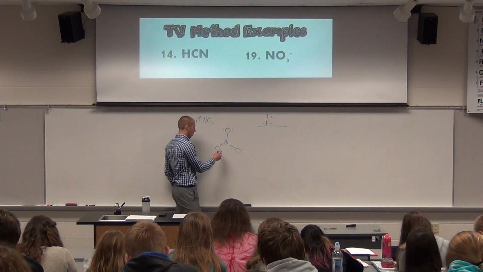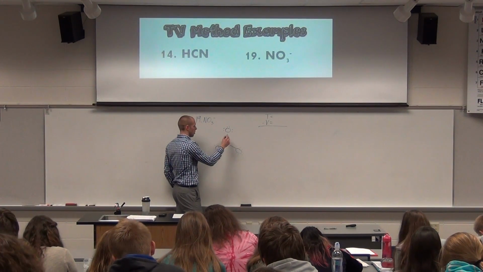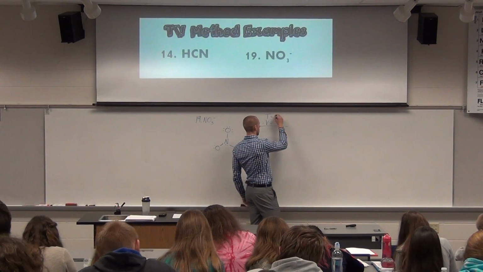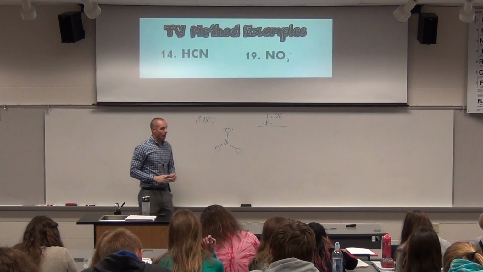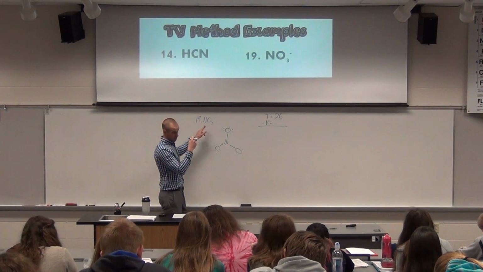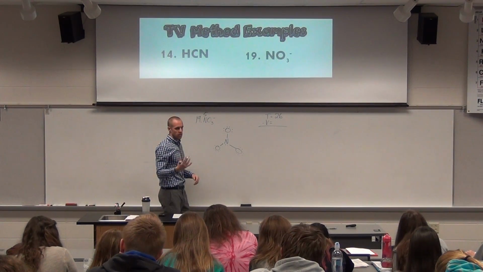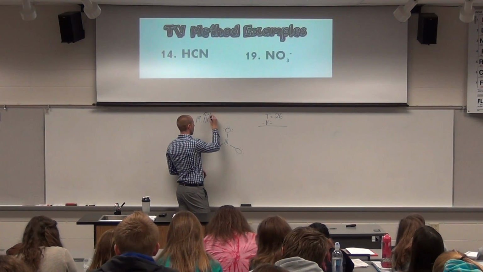So now we total them up. So we have 2, 4, 6, 8, 10, 12, 14, 16, 18, 20, 22, 24, 26. Our V then. N has how many? 5. Oxygen has 6 times 3, so we have 18.